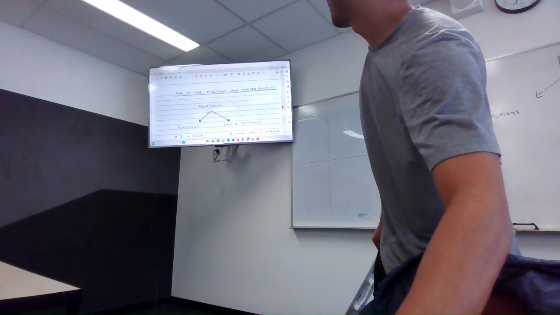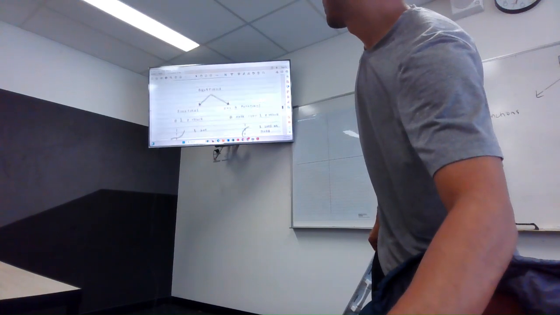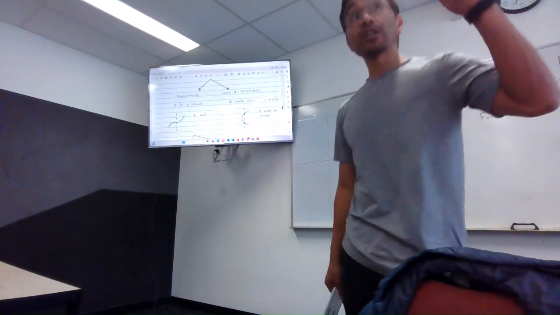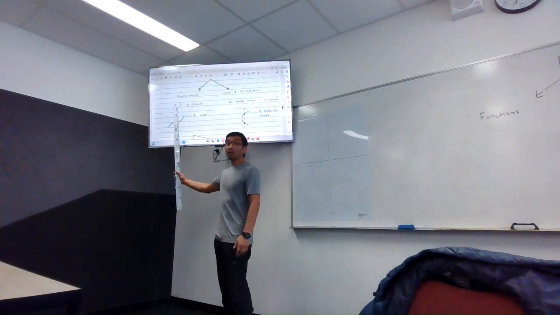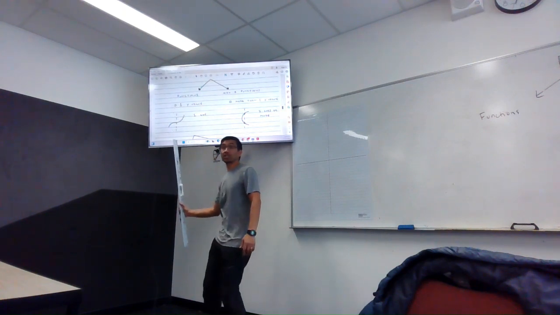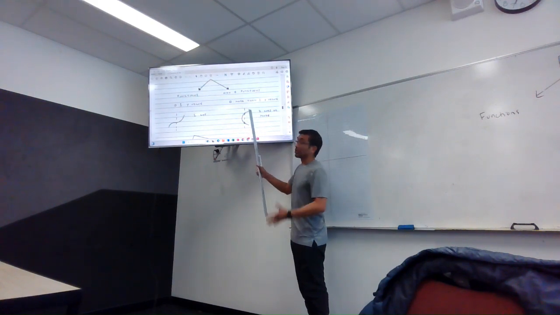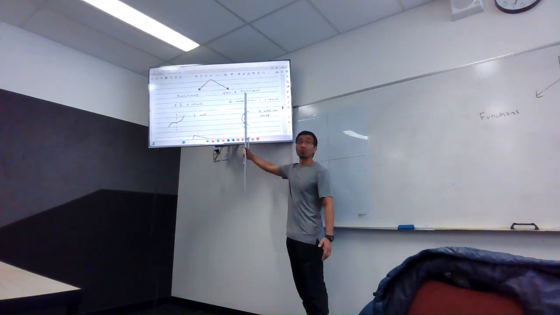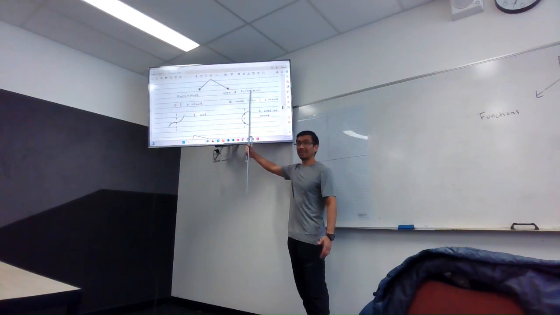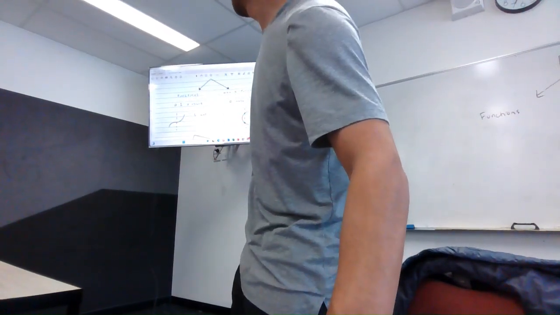As we define them, we started off with a vertical line test, which said only one y value for each x value. A non-function is one x value, but two y values start appearing. That's not a function. Okay. Now, just keep that in mind. I've got these on the notes.